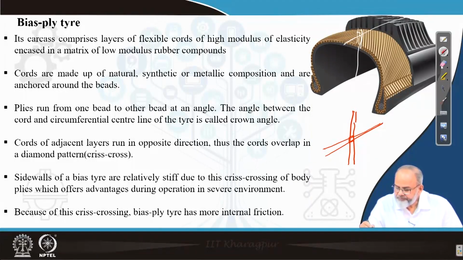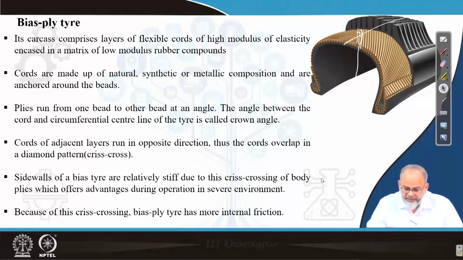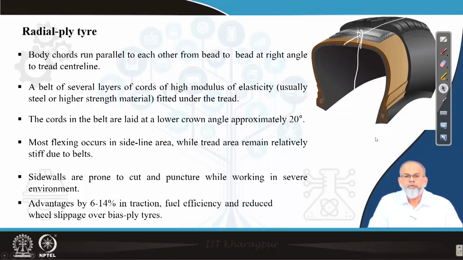Now coming to the constructional features of the radial tire, how it is different from the bias ply tire. Now you look at the radial tire.